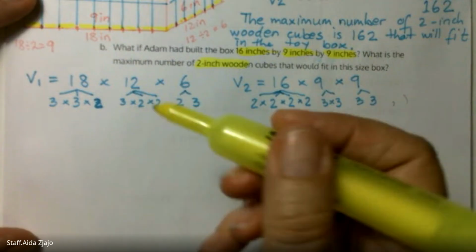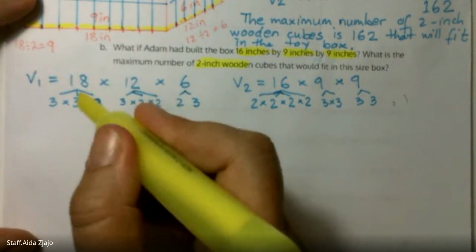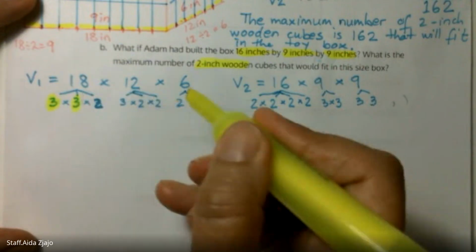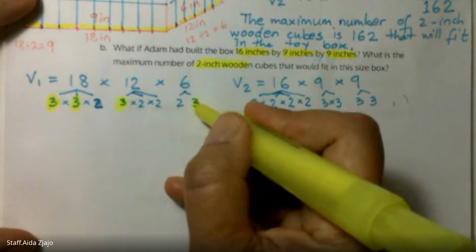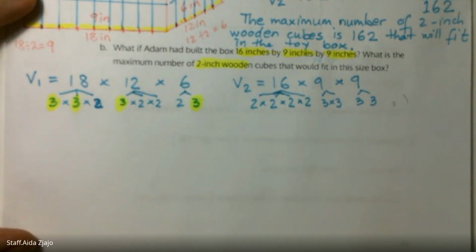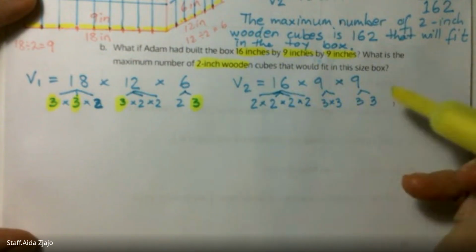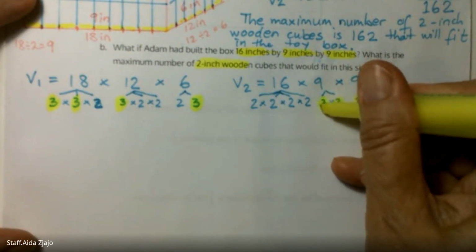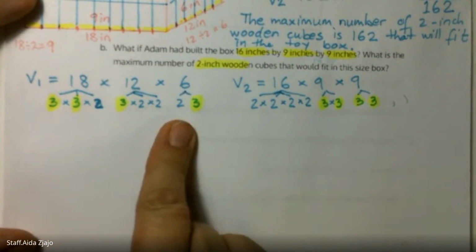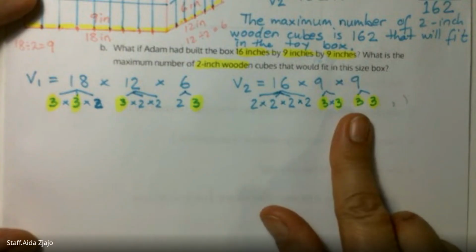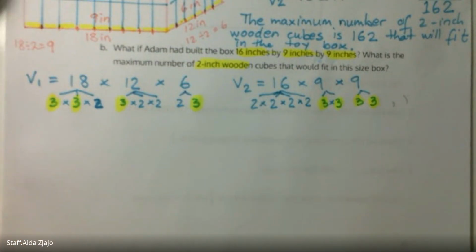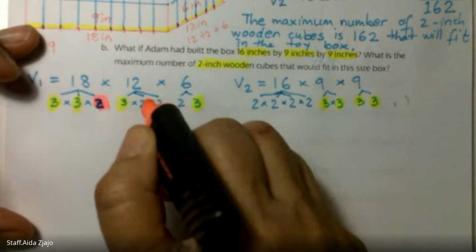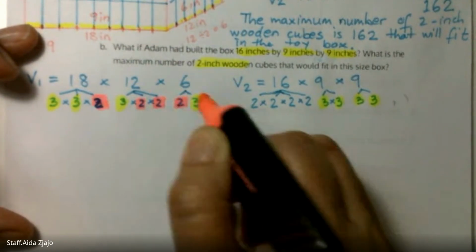In this volume I have 3, 3, 3, 3: four threes. And on this one, also four threes. Now the twos: here is 1, 2, 3 twos, 4 twos.